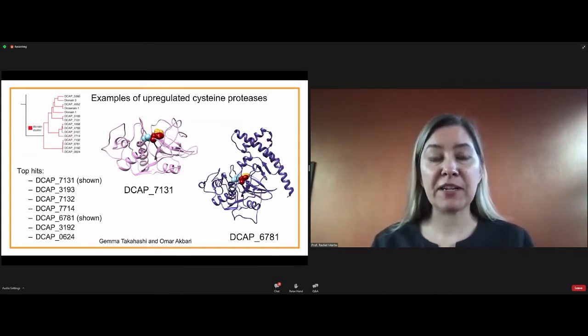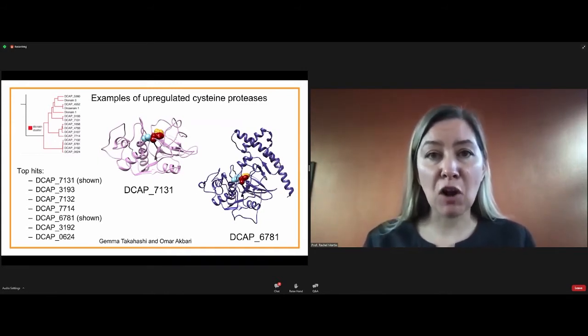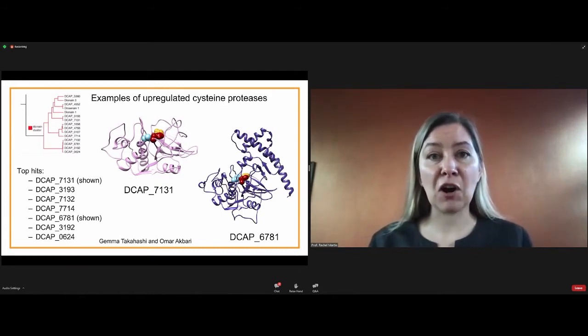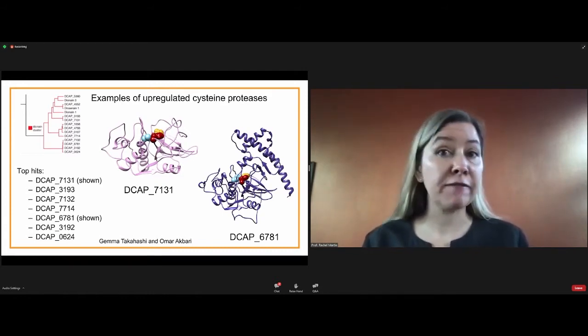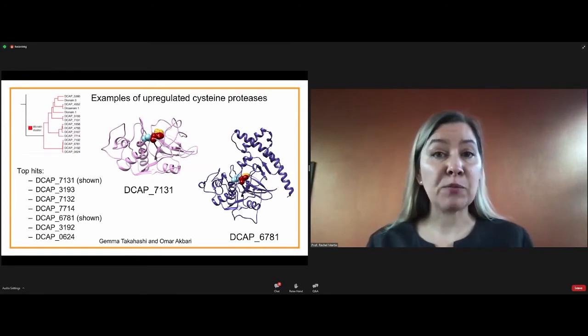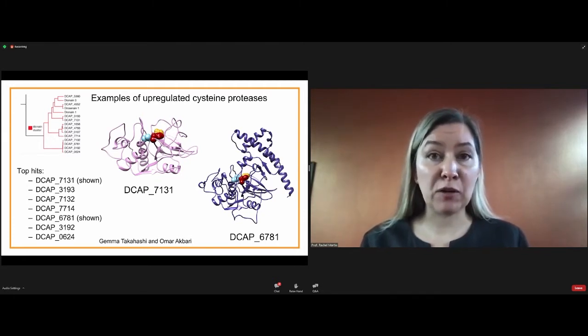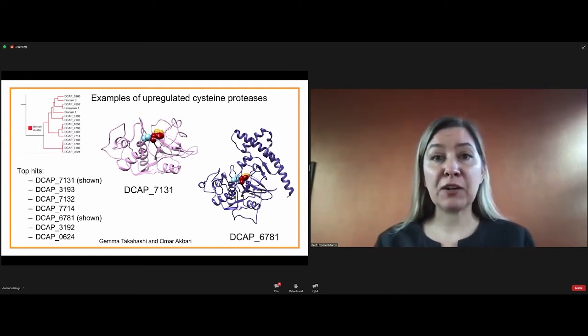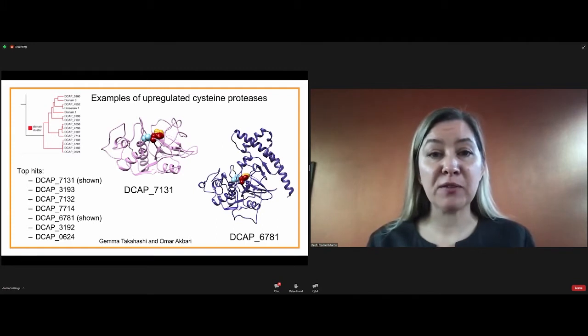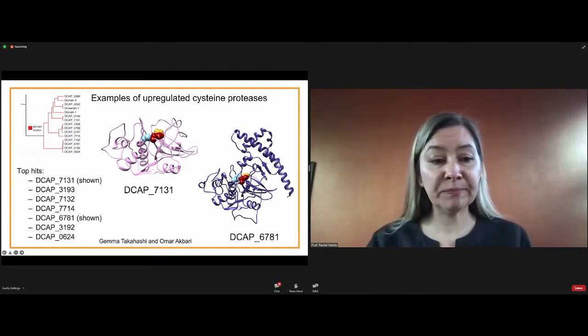It's really special because it's a carnivorous plant. Well, it turns out all plants have a lot of cysteine proteases. These are enzymes that are involved in defense and in resistance to environmental conditions that are tough. So it turns out that rice has about twice as many. So you get a lot of surprises when you start looking into these things.